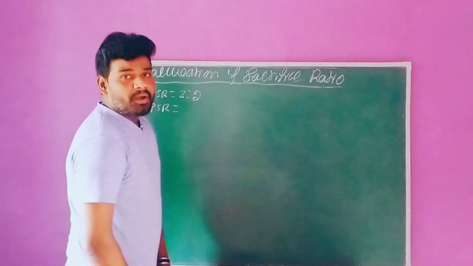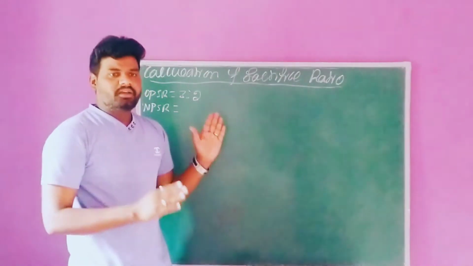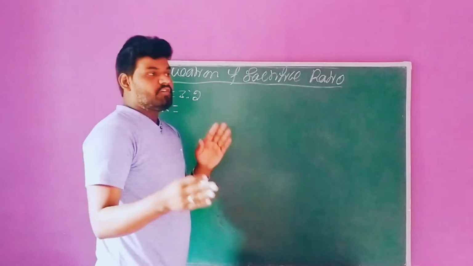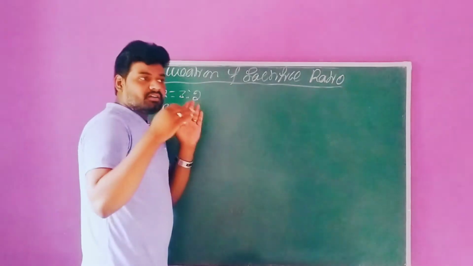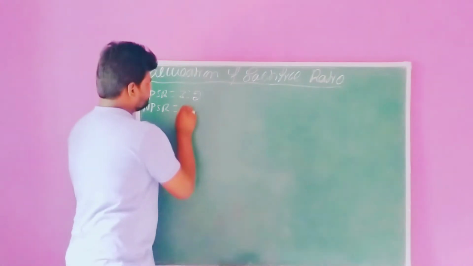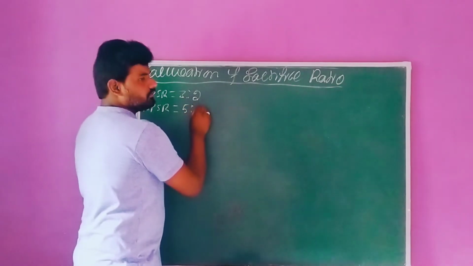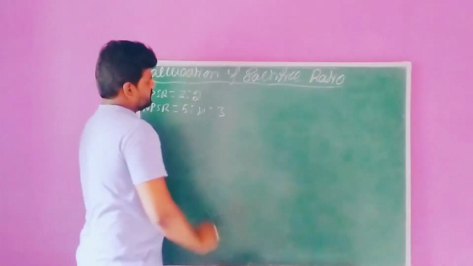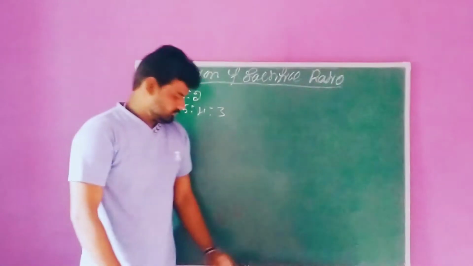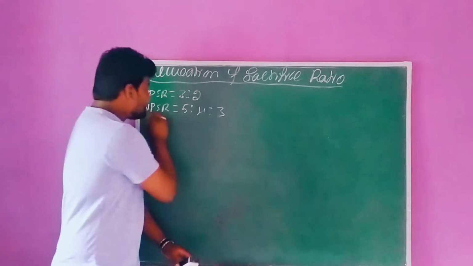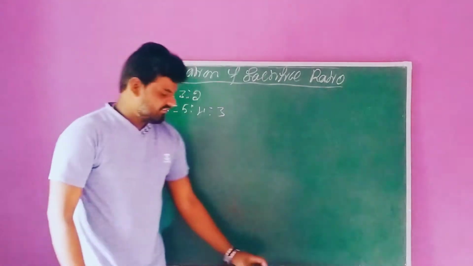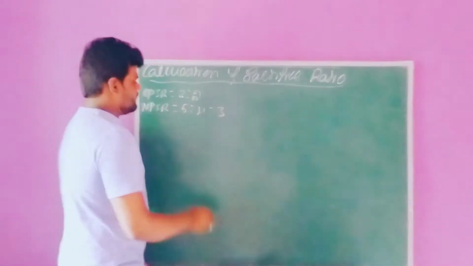Who is that new partner? Ramesh is the new partner, right? After the admission of the new partner, the ratio will be 5:4:3. This is the given data regarding the calculation of sacrifice ratio. Now we need to apply the formula.